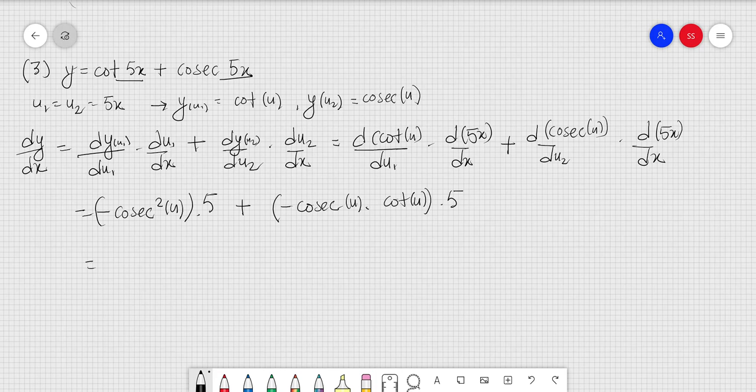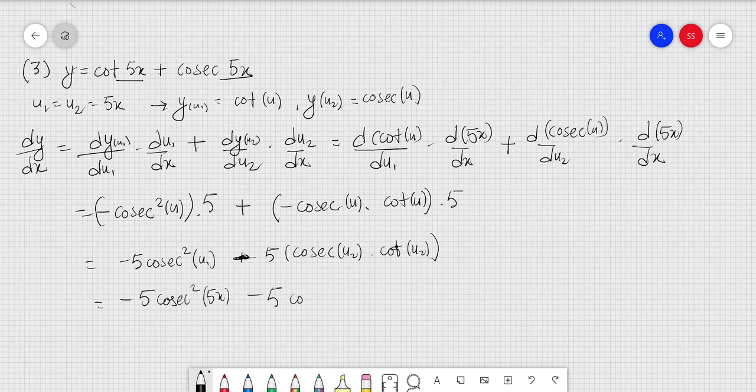So simplifying this, we get minus 5 cosec square u1 minus 5 cosec u2 times cot u2. So substituting the value of u1 and u2 in this, we get minus 5 cosec square 5x minus 5 cosec 5x times cot 5x.